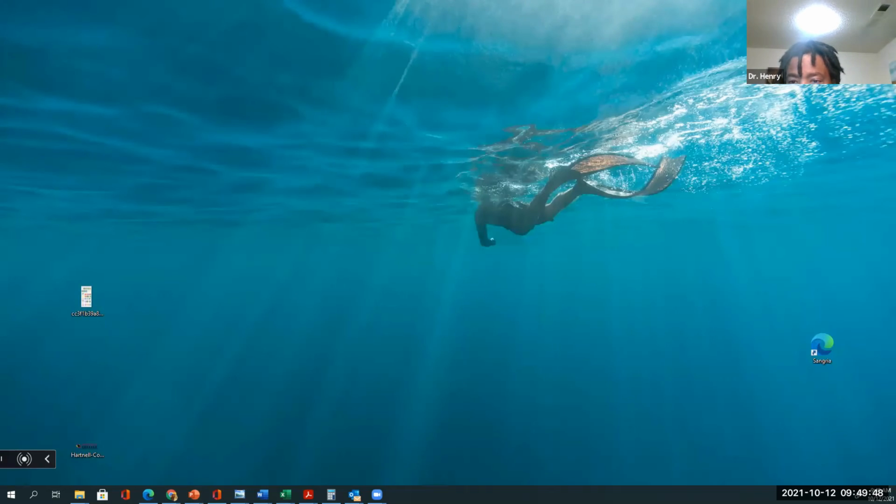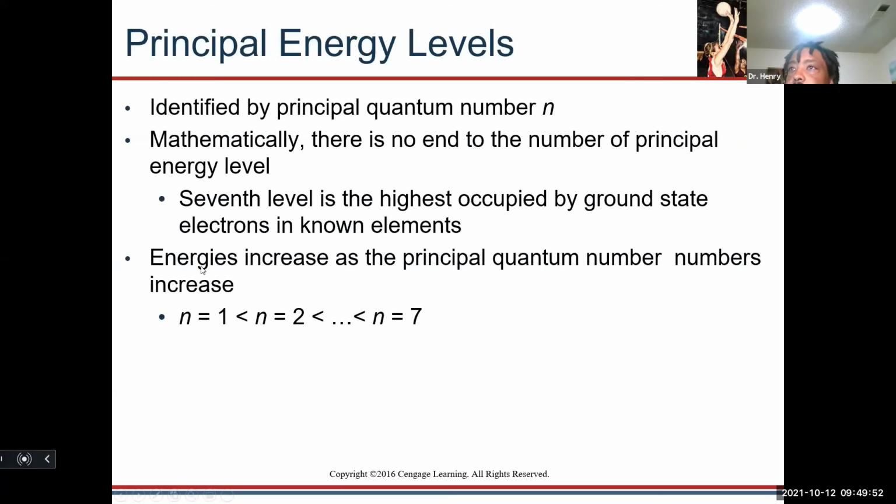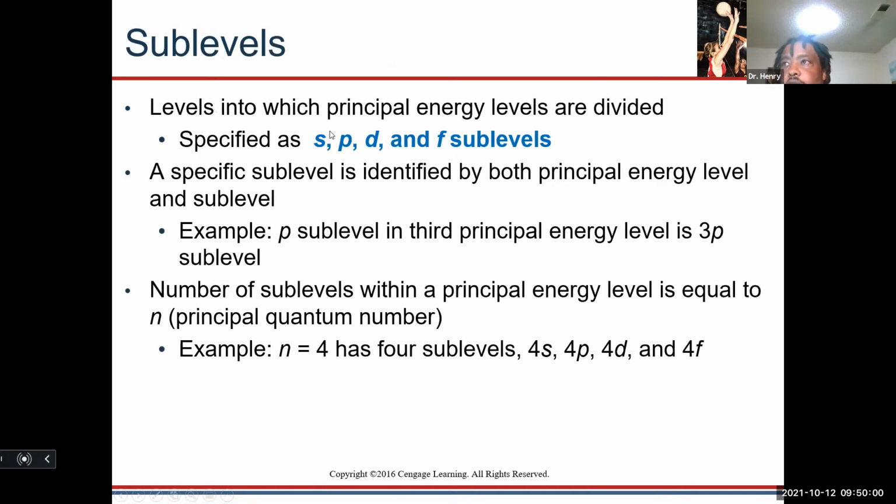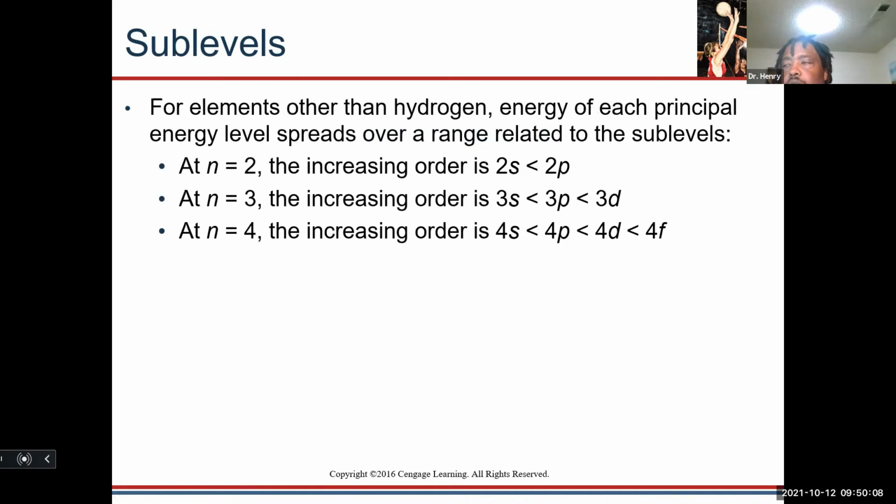Okay, we've already talked about the principal energy level, the n and what the n represents. We've talked about the s, p, d, and f sublevels, and the order in terms of energy.